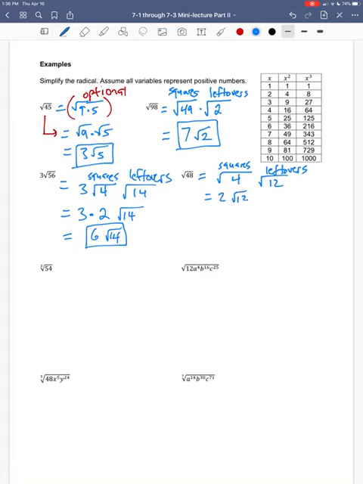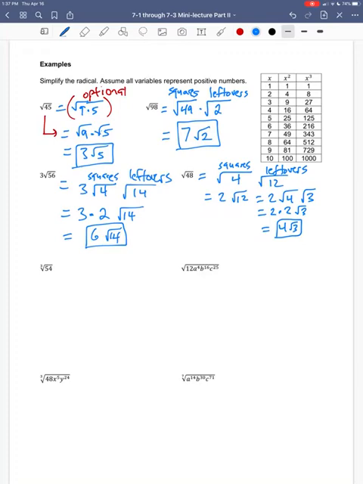The problem is that the square root of 12 is not fully simplified. We said it was simplified if my radical didn't contain any perfect powers of the index. So this is a square root. Is there a perfect square that goes into 12? Well, yeah, 4 goes into 12 again. So I could rewrite this as the square root of 4 times the square root of 3. And so that would end up being 4 times the square root of 3.